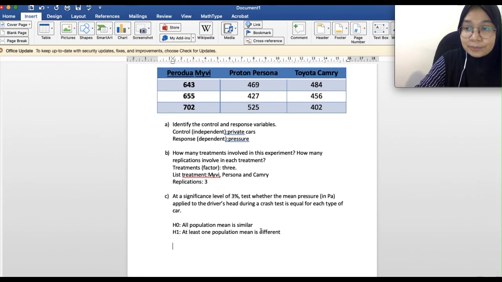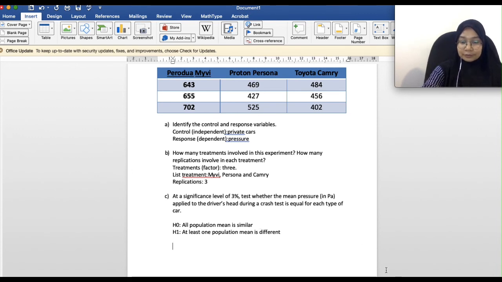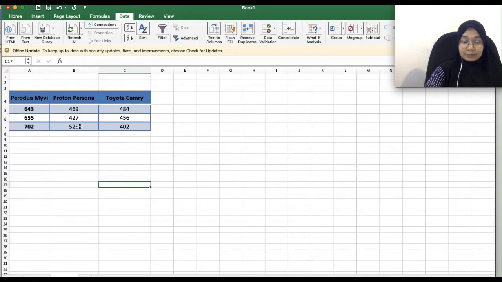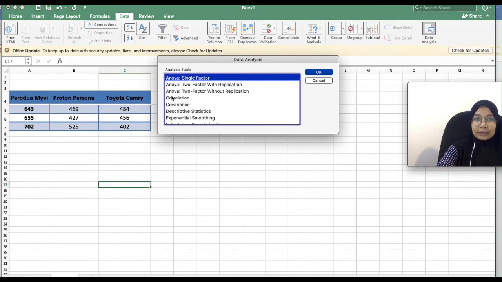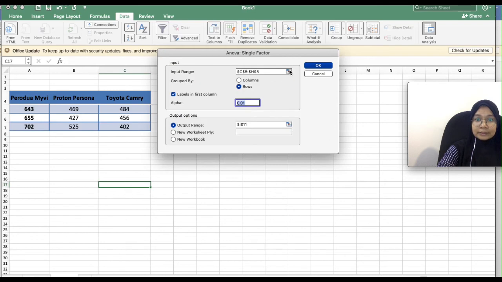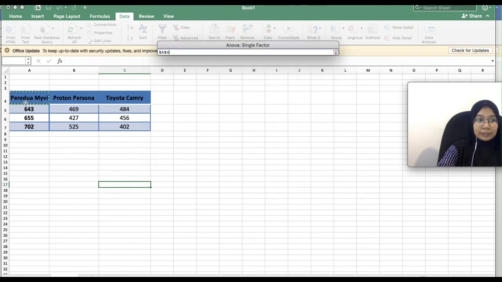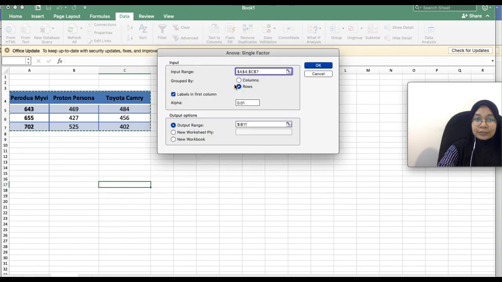So step number 2 is your p-value. So where can we get the p-value? We substitute the data into Excel and construct the Anova table. And then we can get the p-value. So you go to Excel, you substitute the data. Okay, and then you go to data analysis and you choose Anova single factor and you select your data in the input range, and then you group your data by column because the data here is by column, and then label in the first row.